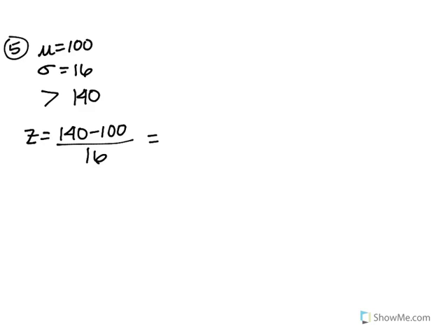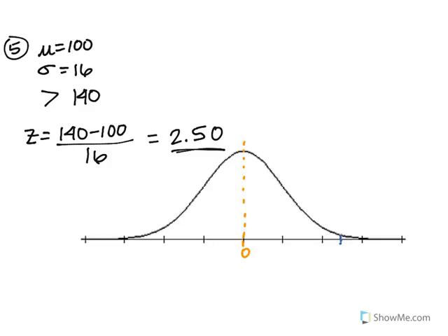It's already been converted, but I'm showing the conversion again, and we get 2.5, and we know that would be 2.50. And so, all right, we have 0 in the middle, and 2.50 would be here.